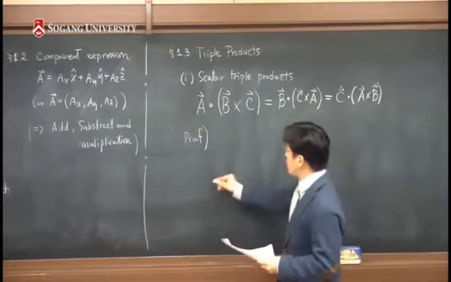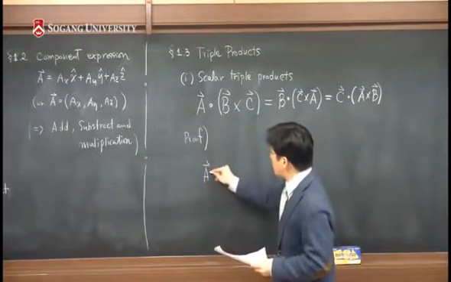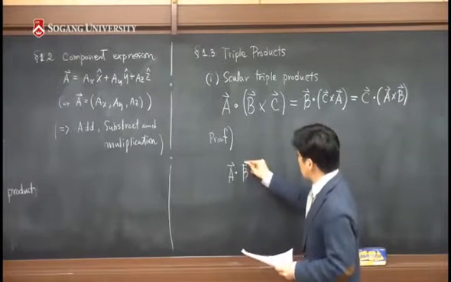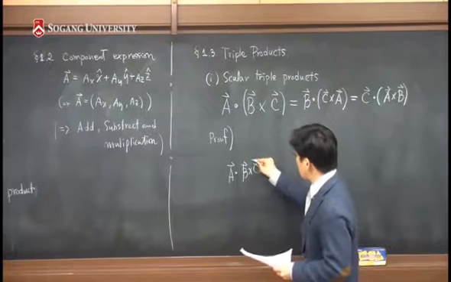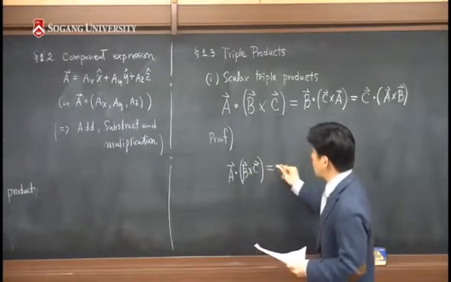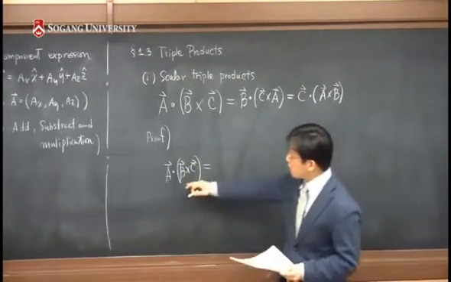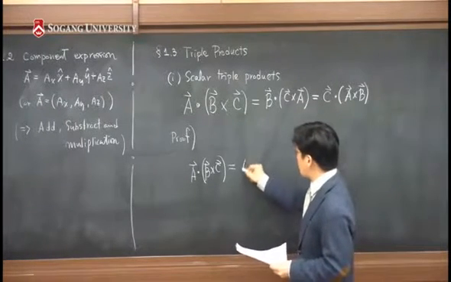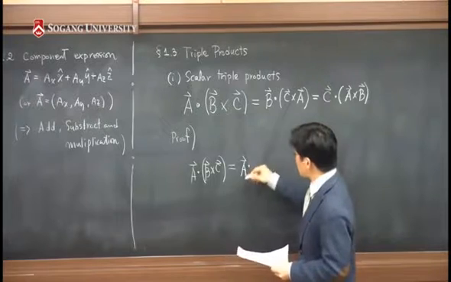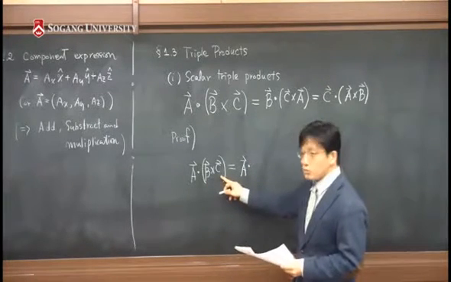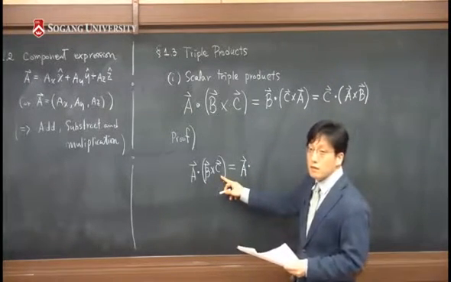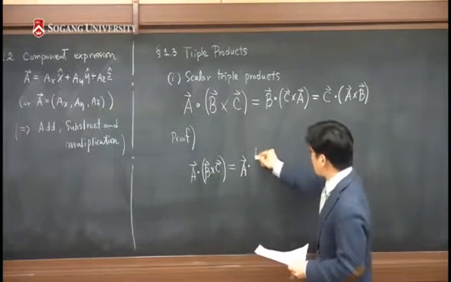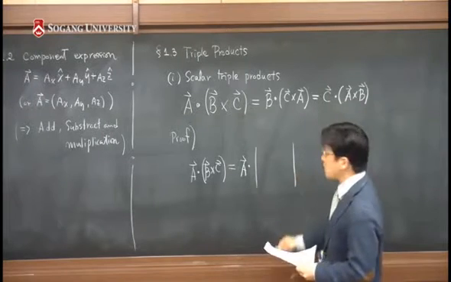So if we use the component expression of the vector components, let's evaluate the second part first. Then what we will have is A dot product, and the second part will be the cross product, which can be given in terms of a determinant of these two vectors together with the component form, from its definition.